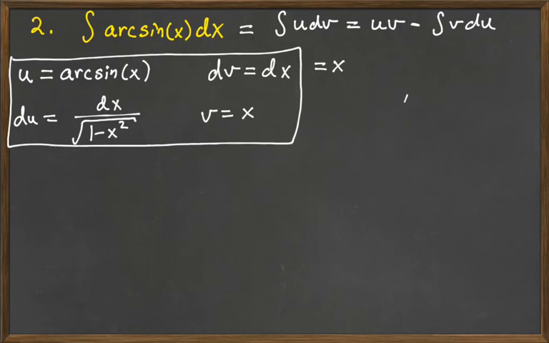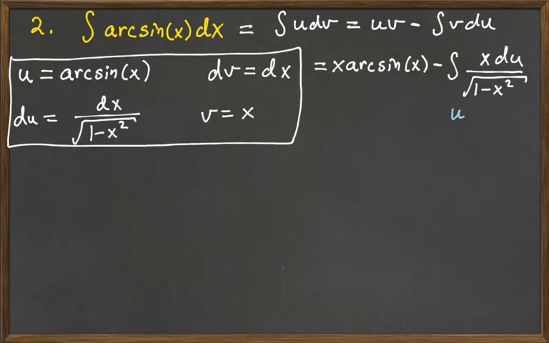Let's go ahead and commute and say that's x arc sine of x minus the integral of v, which is x, and then du is, let's see, hold on a second, pardon me here, this should be a dx here, okay? du is dx over the square root of 1 minus x squared. Okay, so we're good now.